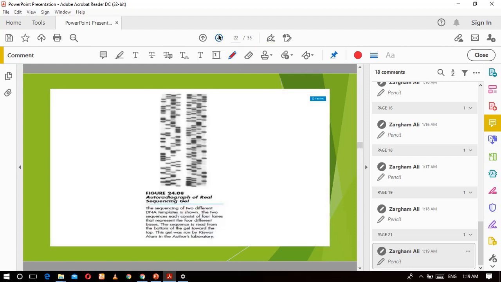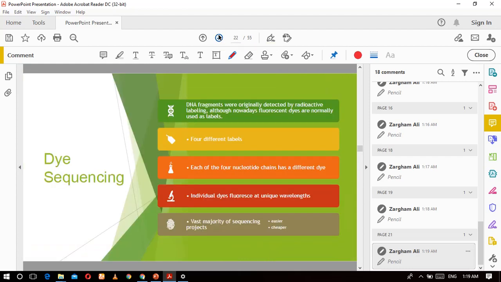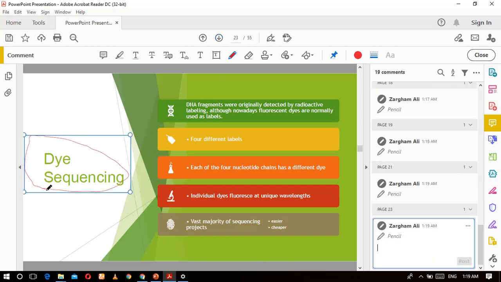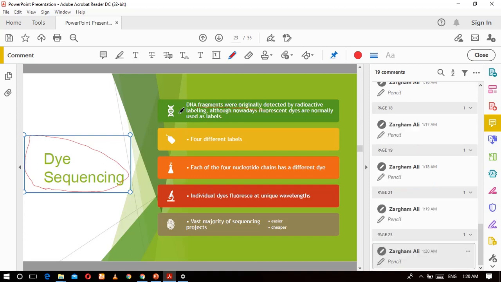This is another example of a real sequencing gel. Nowadays, with the advancement of technology, we have dye sequencing technology, where we use a dye in spite of using radioactive label isotopes. DNA fragments were originally detected by radioactive labeling.